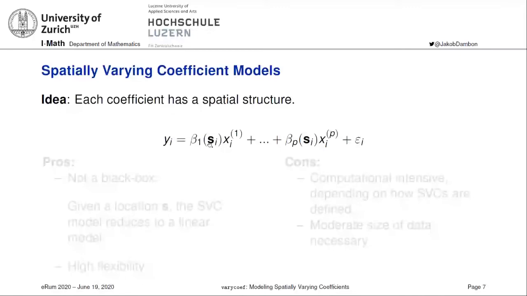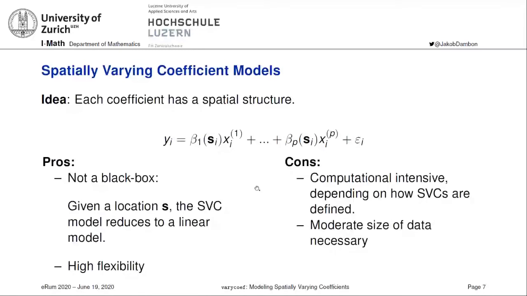So this has some advantages and disadvantages. Some advantages are that the model is not a black box, and even if you give me one location, the spatially varying coefficient model reduces to a simple linear model.